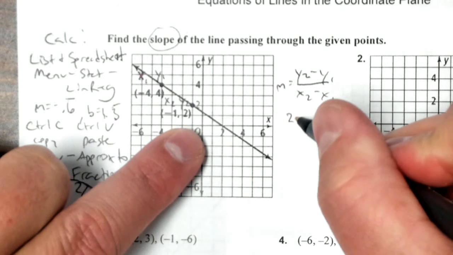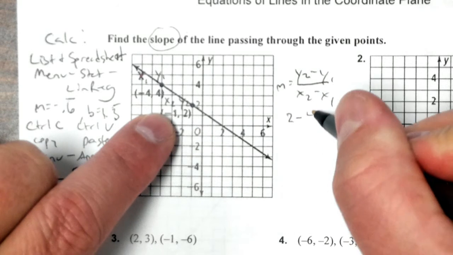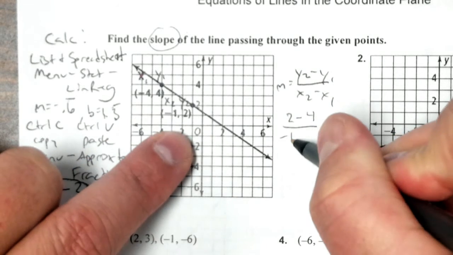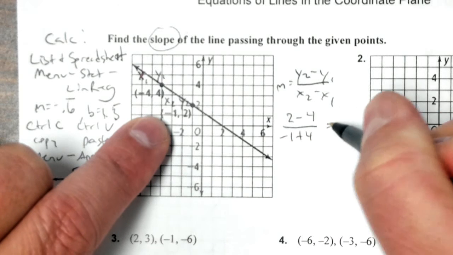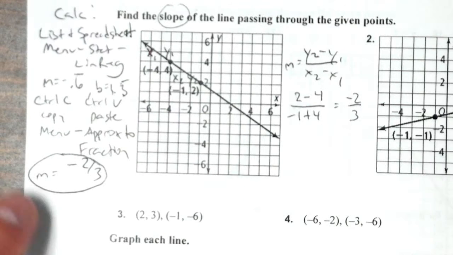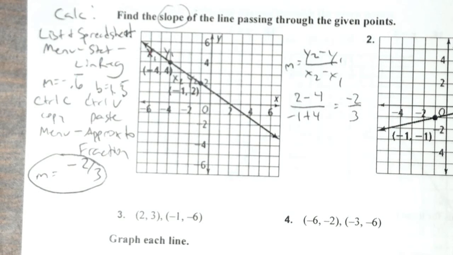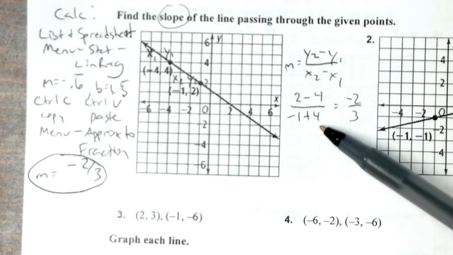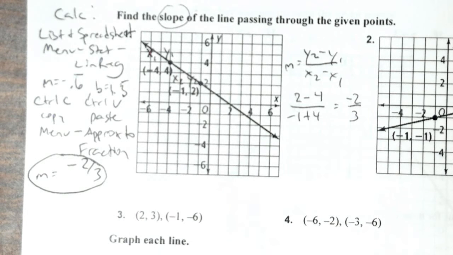So I'm going to do right minus left. 2 minus 4 over -1 plus 4. So there's your -2/3, which is the same thing we got here. So if you'd rather just use your formula, you can, or if you want to use your calculator, you can. Any questions?